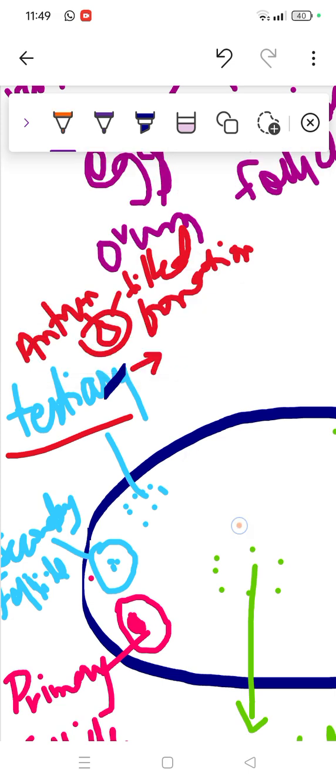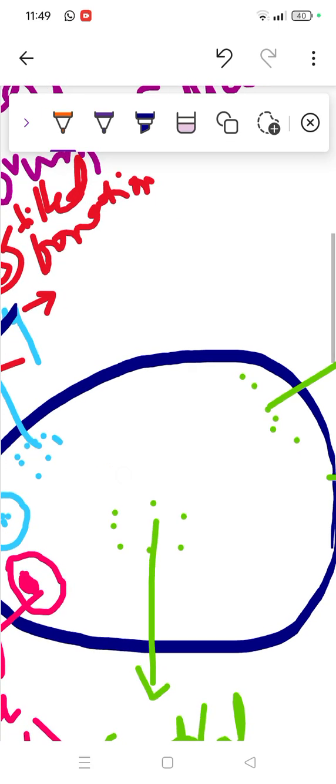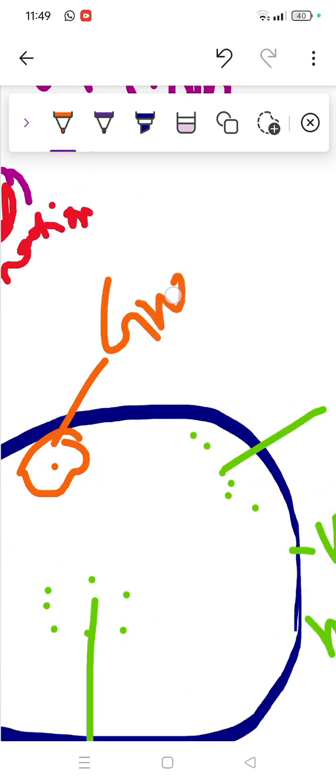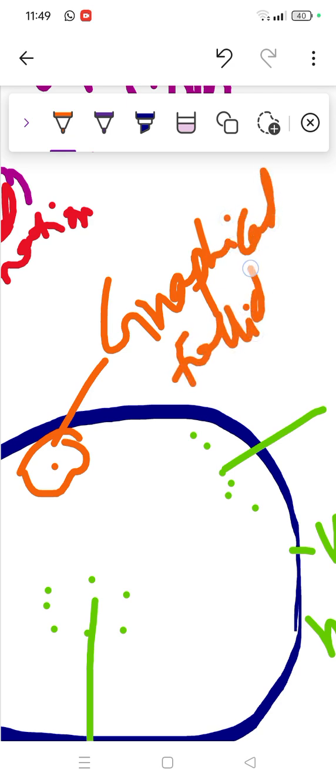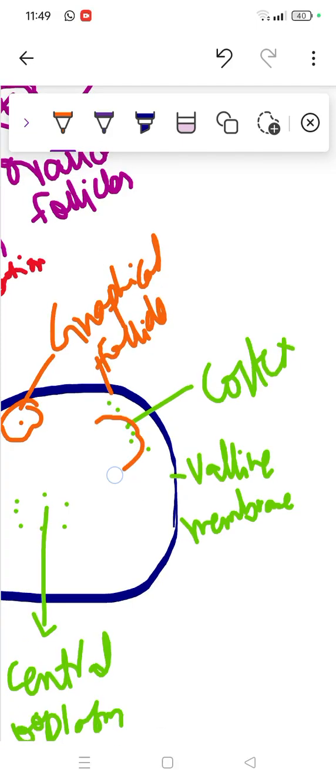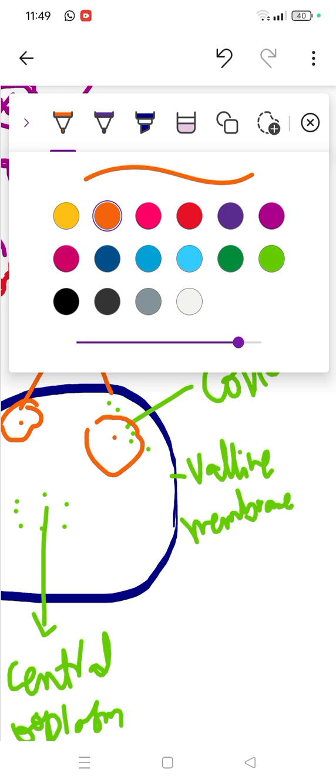Then comes our fourth part. After that, you'll see another structure. This is called the Graafian follicle. Again, after this, you'll see other parts over here. Let's go with this color now.